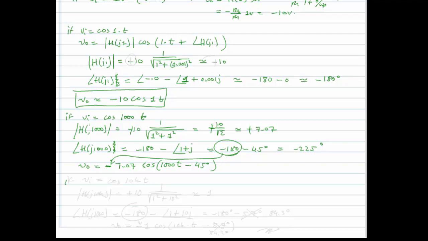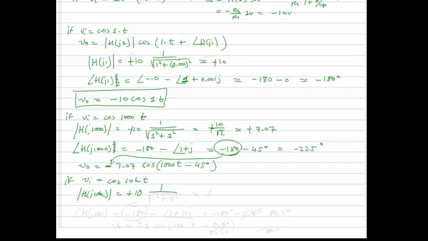Okay, and then finally, if Vi is equal to cosine 10,000 times t, then the magnitude of H is going to be 10 times 1 over, I realize up here I had an error in my magnitude.